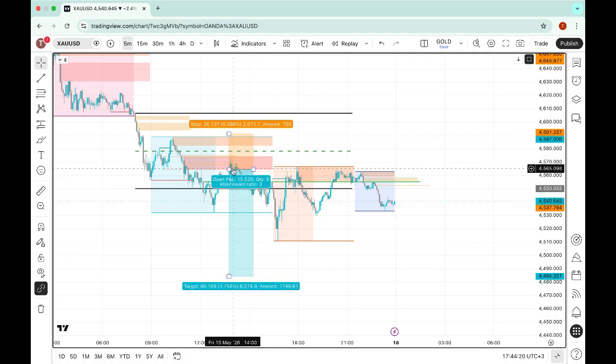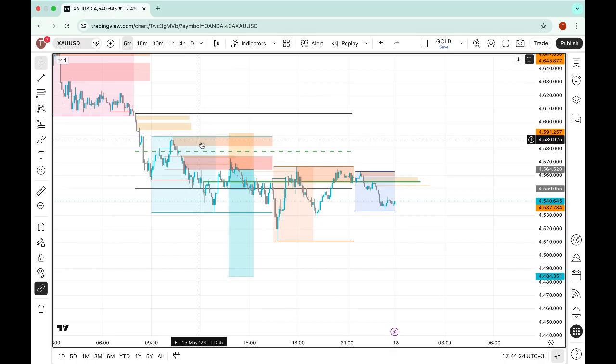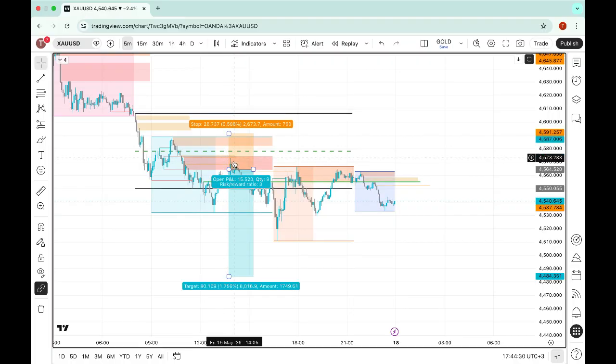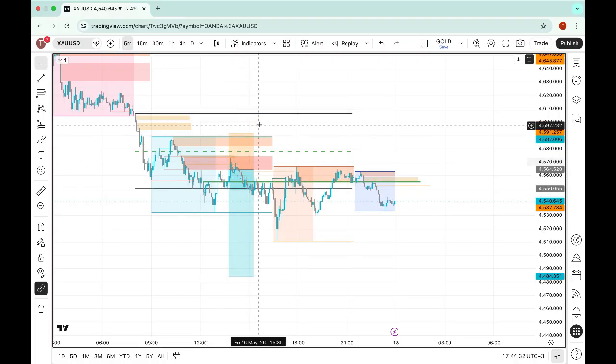And in this example, you can see I put my stop loss above this order block because I was thinking that price could still come back and tap it, but you can see it didn't come. So that's why I had this large stop loss zone. And when you have a stop loss zone which is large, if you are having a 1 to 2 or 1 to 3, your take profit becomes overextended.